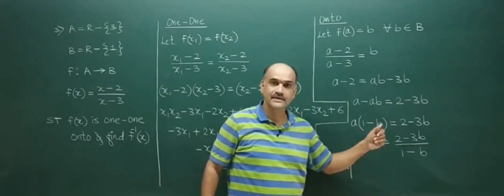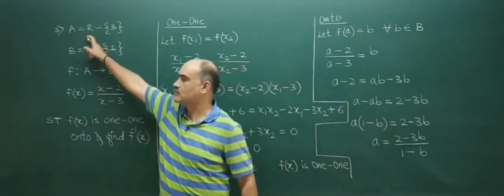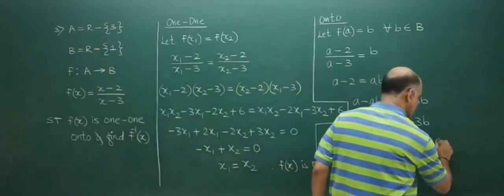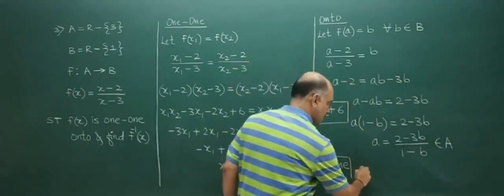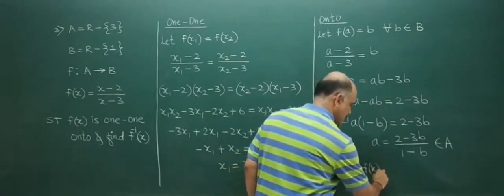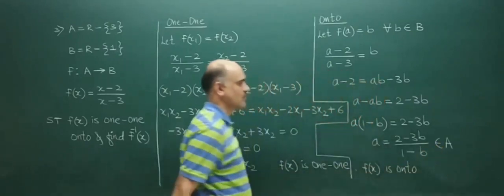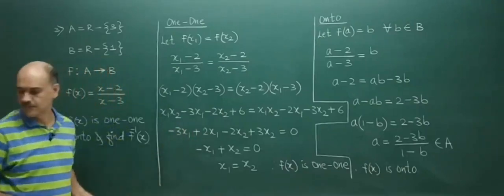Then a again will be a real number, or you can say a belongs to capital A. Therefore f of x is onto. Clear students? f of x is onto.